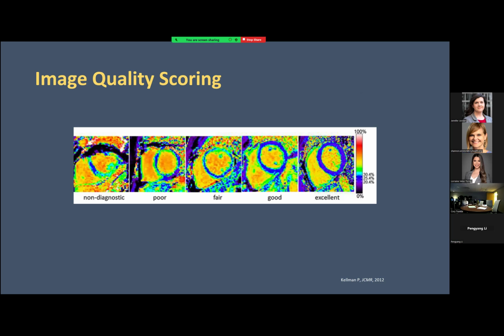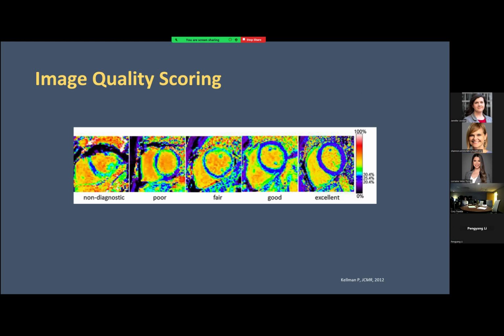So good quality might be that there are 2 to 3 pixels across the myocardium with less than 10% artifact or reduced wall thickness. And then fair has a different threshold. So it gives us specific metrics other than just that looks good or that looks really good.